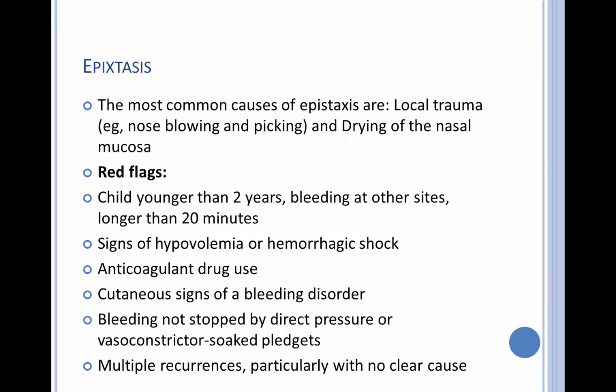Look for any nasal obstruction, any nasal or facial pain that can lead you to think that the patient has a foreign body. Look for any excessive bleeding, including easy bruising, tarry stools, hemoptysis, or blood in the urine. The presence of bleeding in other sites is a red flag. Ask about any history of using aspirin.